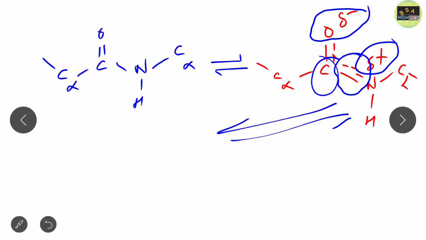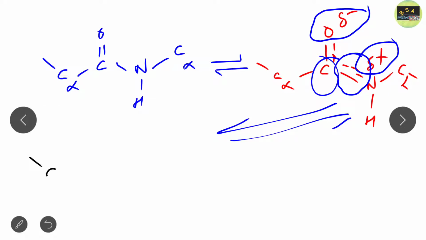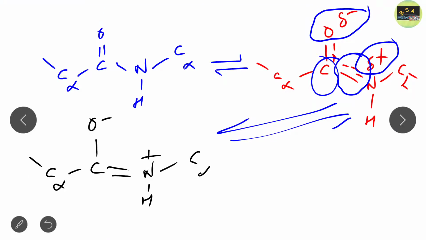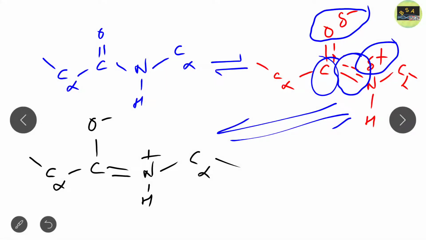They try to stabilize themselves, the resonance continues, and the final structure formed is C alpha, C, O minus, N plus, H, C alpha.